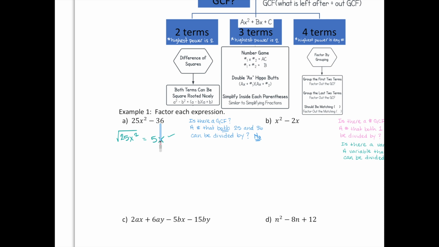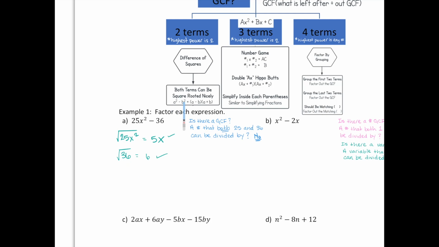And now we look at our second term, which is the 36, and we ignore the subtract sign. We're looking at just the positive versions of our terms. Can 36 be square rooted nicely? Yeah, it's 6.